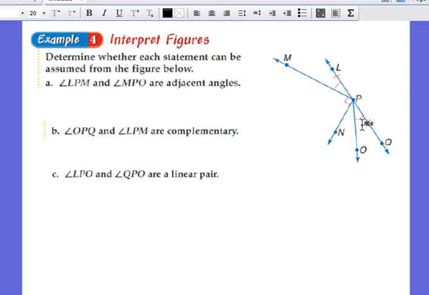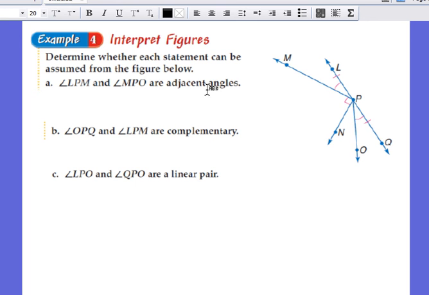This is kind of like the same thing in the book in the beginning, but now they added markings. When you have markings, you can assume anything. Markings are your best friend. No markings, you can't assume. And also, this box means that this angle, which is MPN, is a right angle, which means that ray PN and ray PM are perpendicular.